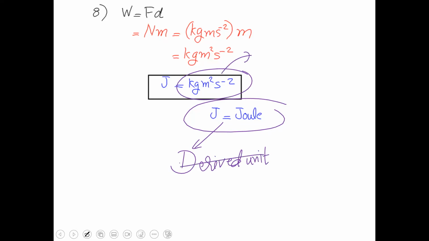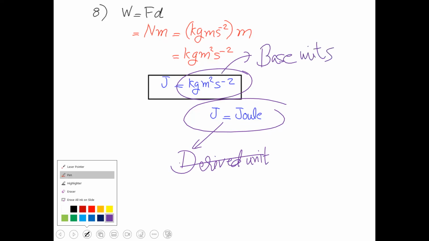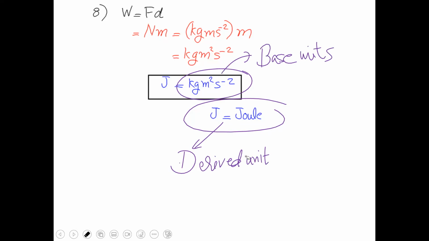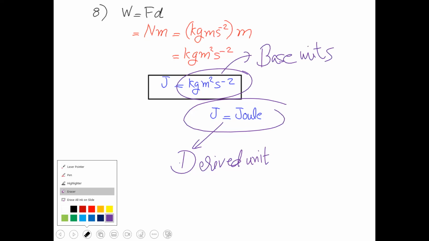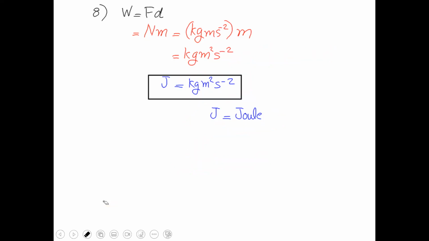This is considered as a base unit. So it is a very interesting concept to understand that whenever you talk about a derived unit, it is a composite of small units which are called base units. Every formula can be converted into base unit. This is the first main exercise of this chapter.